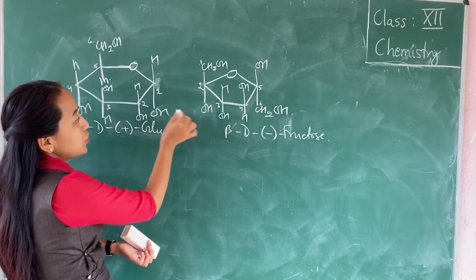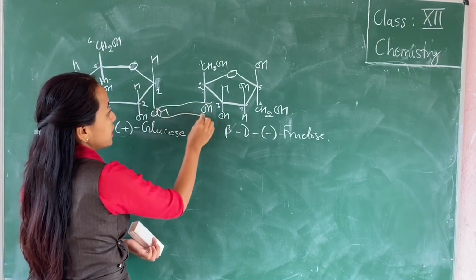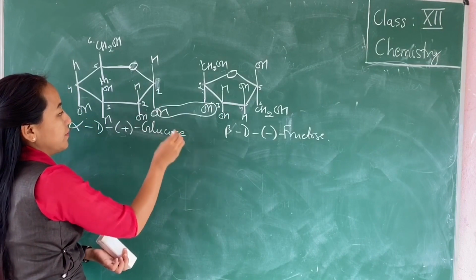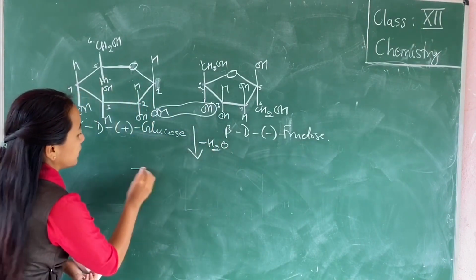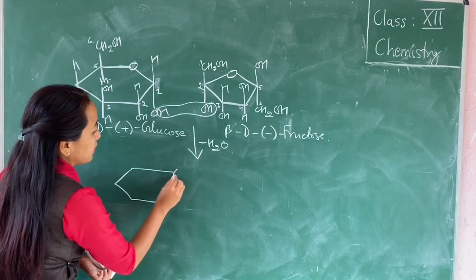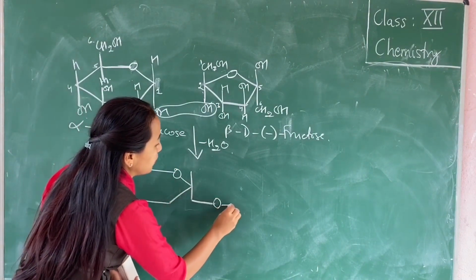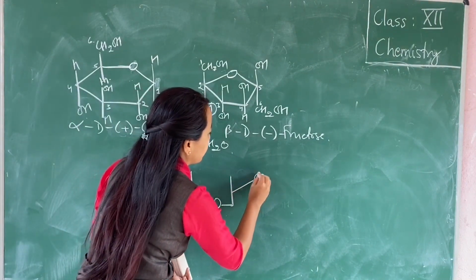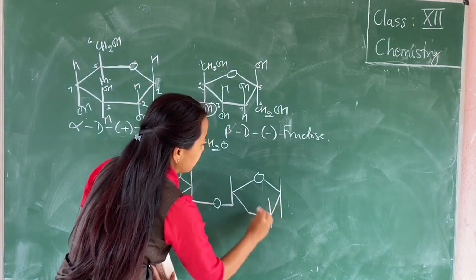These two OH will react together and a water molecule is eliminated. And these two link through this oxygen atom, and you will get the same structure written down. Only thing is, these two will be connected through this linkage. The rest remains the same.